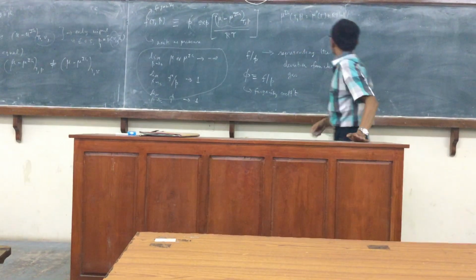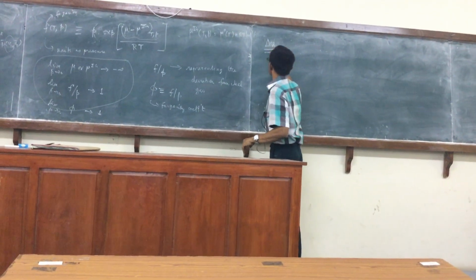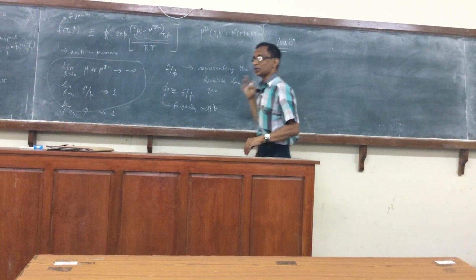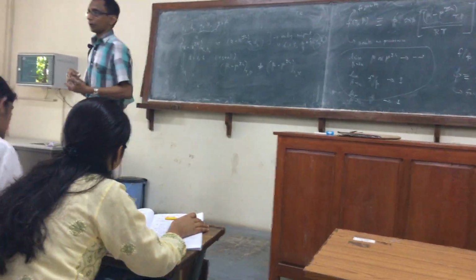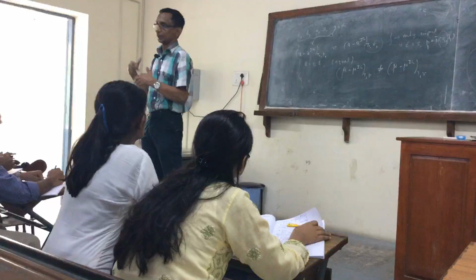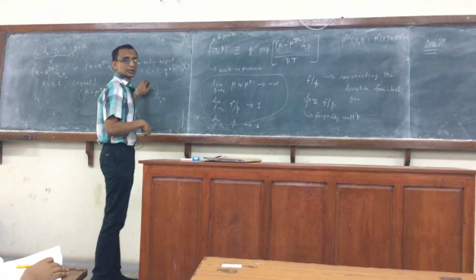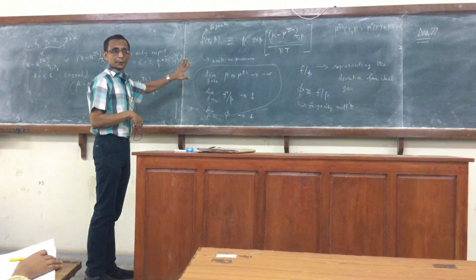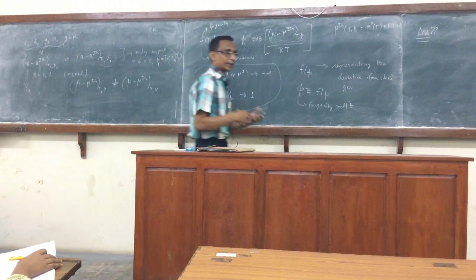Then we will move on to the actual purpose of introducing the departure function, which is to calculate the change in a property. Go back to that problem. We chose different paths, and we said that as long as we are in the gas phase, it's easier to work with the departure function, because that requires only the equation of state as the input.